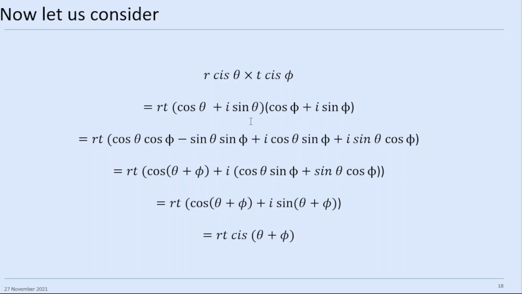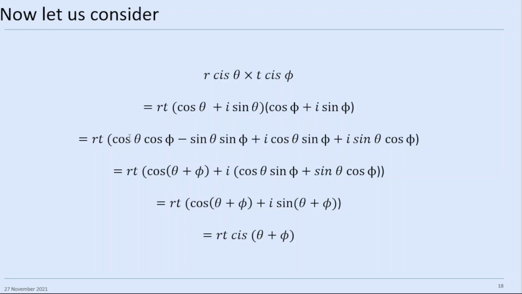So cos theta times cos phi, cos theta cos phi. I sine theta times i sine phi. I squared is minus 1, so it's minus sine theta sine phi. I cos theta times sine phi, and then I sine theta times cos phi.